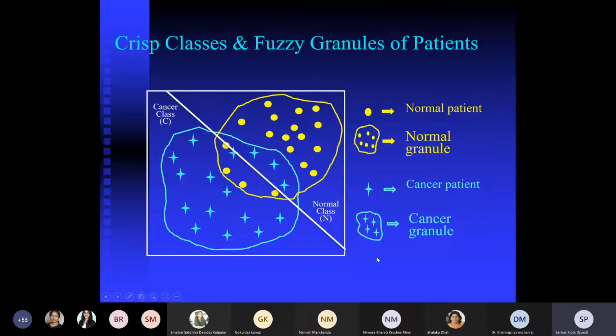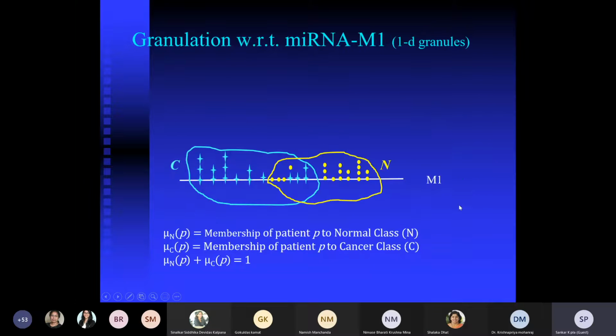For every microRNA, say microRNA 1, if I take its expression values for cancerous patients and normal patients, I get this kind of overlapping. That means my granules are overlapping, but my decision has to be crisp.